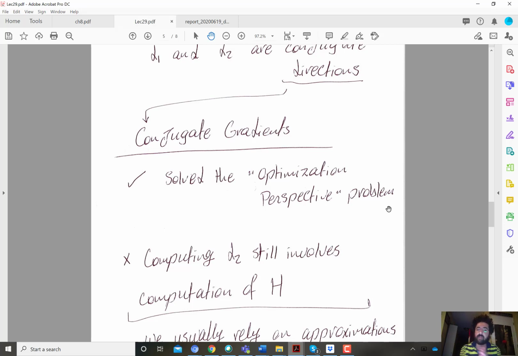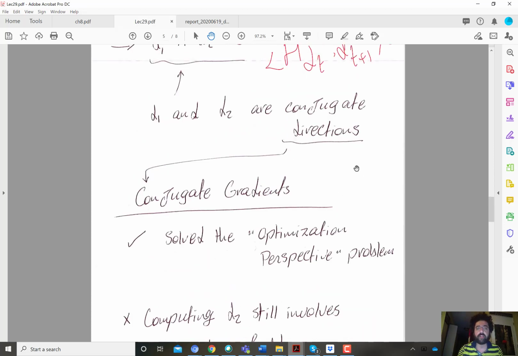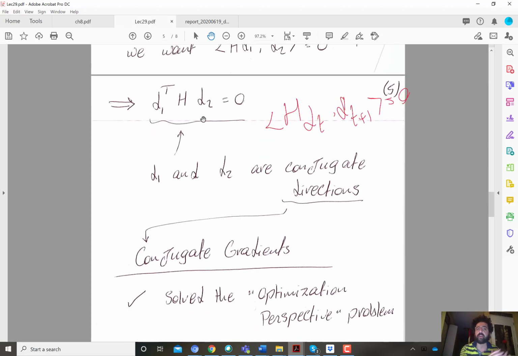There remains the problem of the computation of the Hessian, because the computation of the new direction, Dt plus 1, involves some kind of an inverse of the Hessian, right? So I have to know the Hessian, and I have to be able to guarantee that this condition holds.